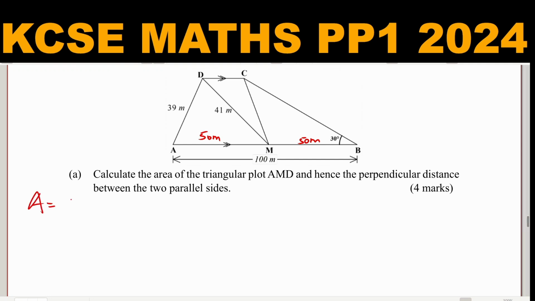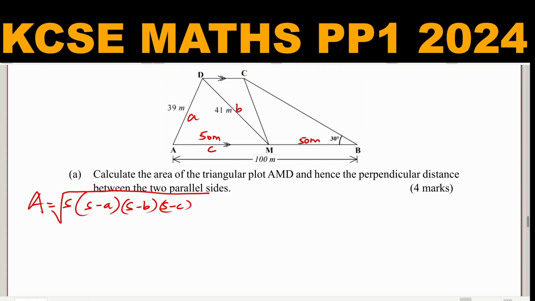Area is equal to the square root of S times S minus A, S minus B, S minus C, where we can let A be 39, B be this one, and C be that. I think that one will be okay.